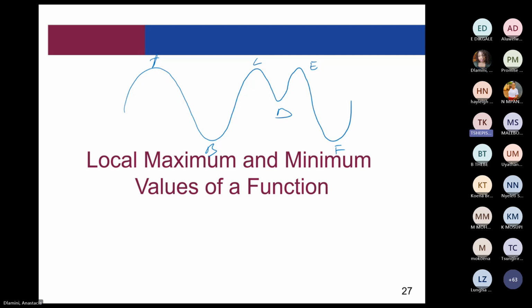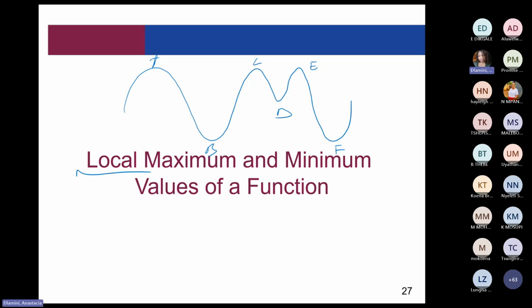I'm not sure if I'm correct. You are, but why are you doubting yourself? Guys, what does local mean? So when you're looking around a particular region, for example at this graph, there's a lot of local maximum and a lot of local minimum.